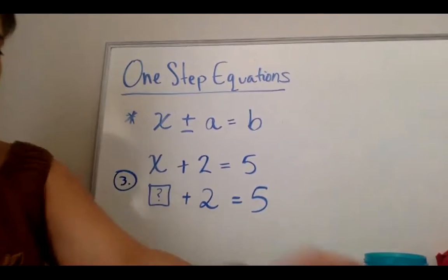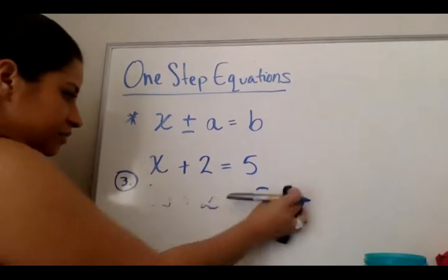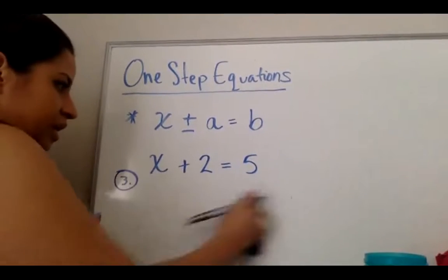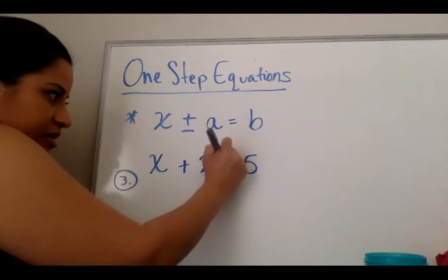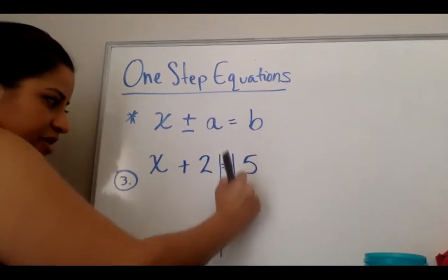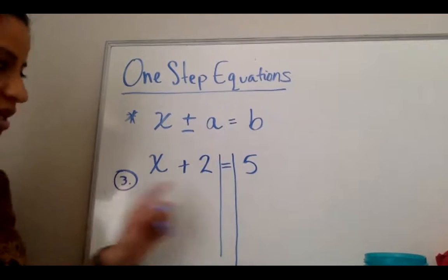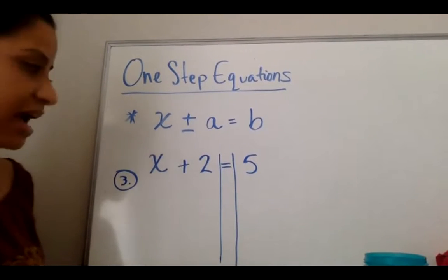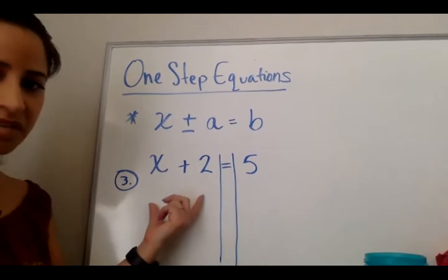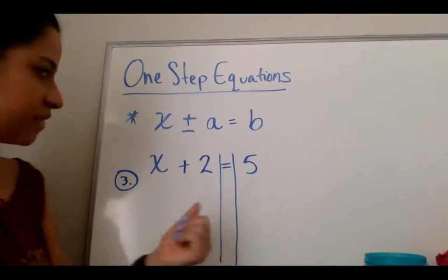Now, how do we do that with algebra? I like to put some lines of organization around the equal sign. The equal sign is the most important part of the equation. That's why it's called an equation, because it has an equal sign. There's this side of the equation and then this side of the equation.